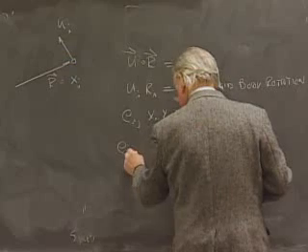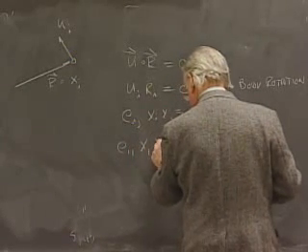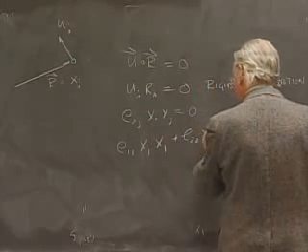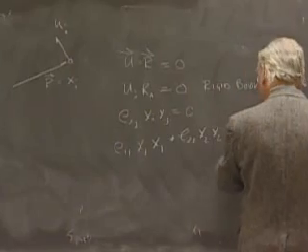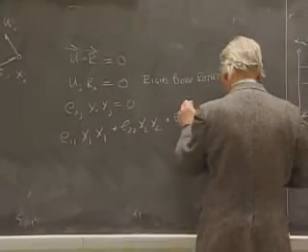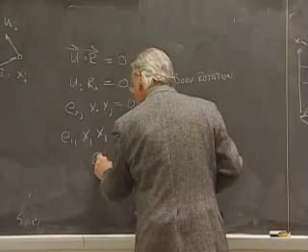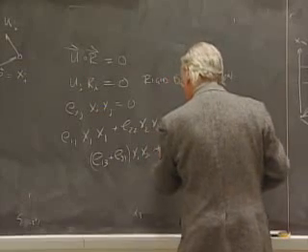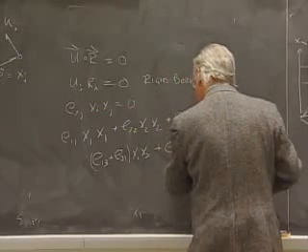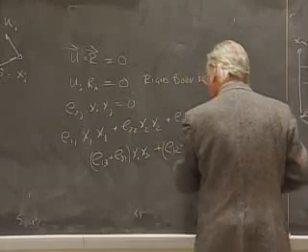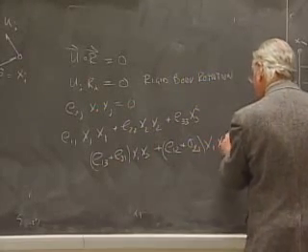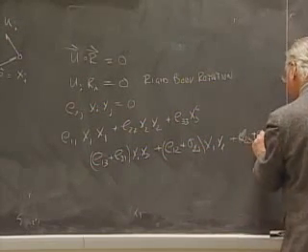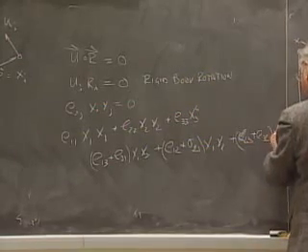And if I expand this, this will contain terms like E11 times x1 squared plus E22 times x2 squared plus E33 times x3 squared, and then there'll be cross terms: E13 plus E31 times x1 x3, plus E12 plus E21 times x1 x2, plus E23 plus E32 times x2 x3.